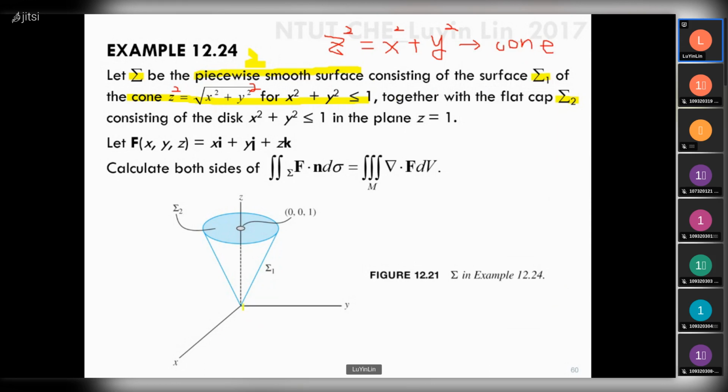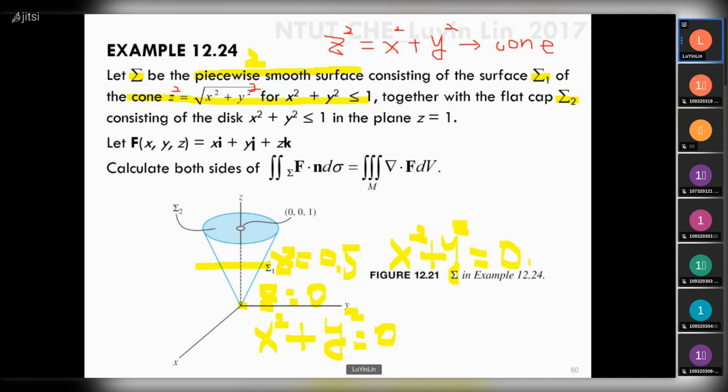You can see here, z is equal to 0, right? So x squared plus y squared is also equal to 0. So this point is 0, 0, 0. Okay. So maybe here is z equal to 0.5. That means x squared plus y squared is equal to 0.5, right?